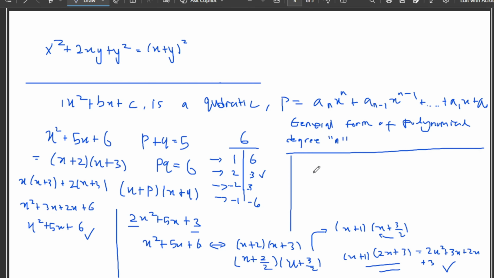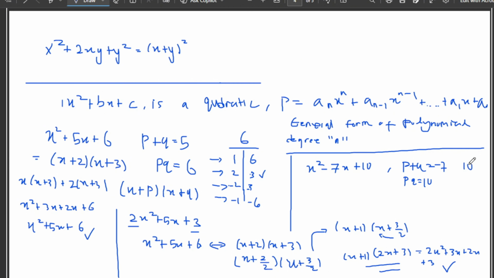Let's do another example, where there is a negative. Now let's do x squared minus 7x plus 10. So we need to find numbers p and q which add to negative 7 but multiply to 10.